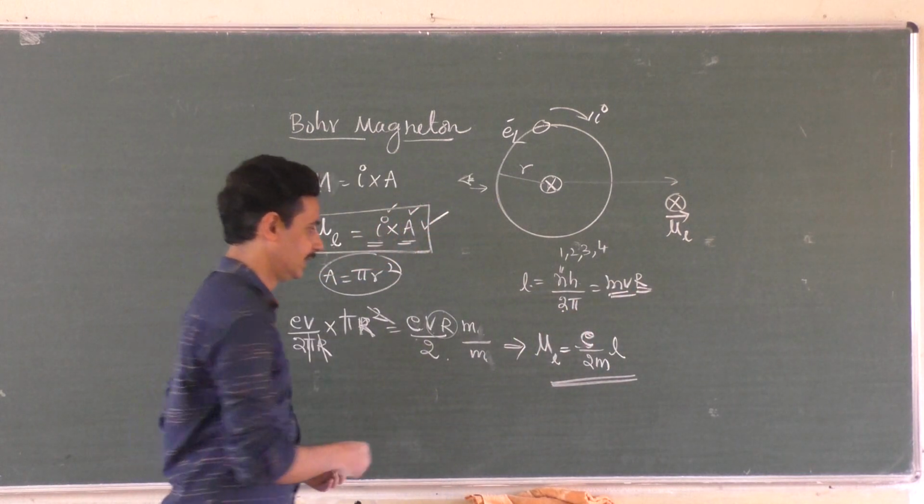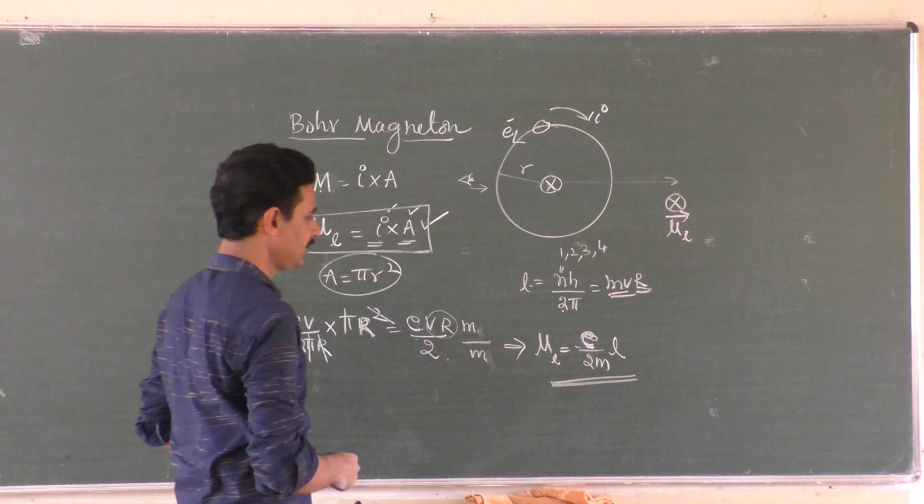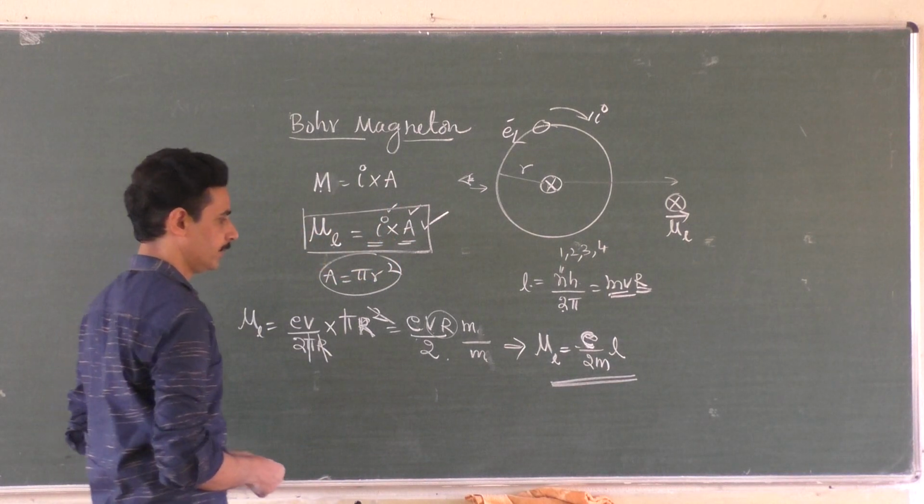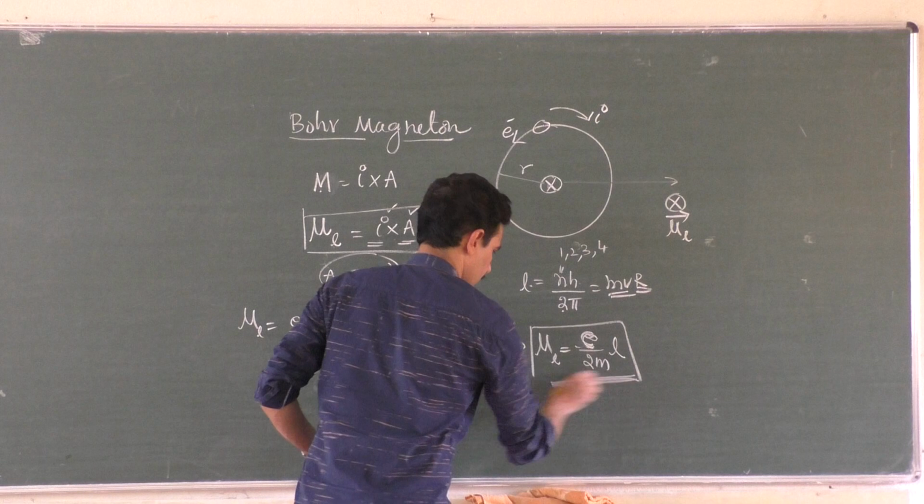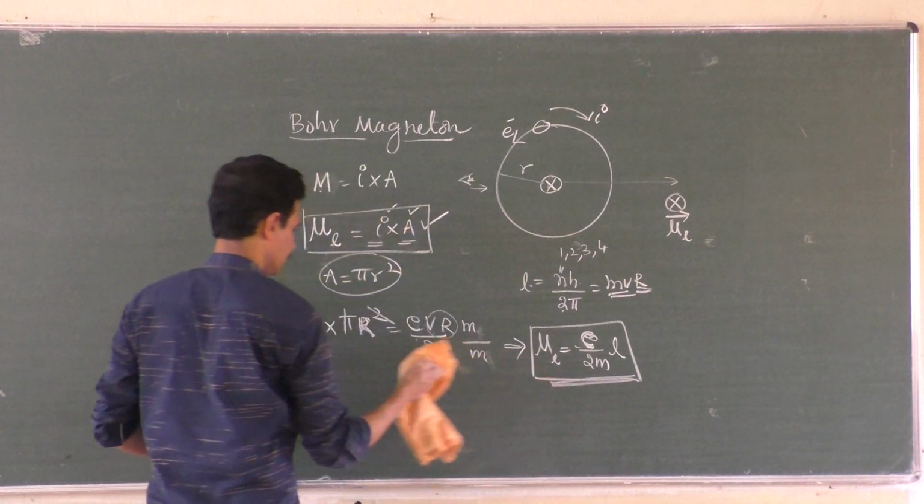Hope you have followed this. So L into E by 2m, this is the magnetic moment. Not over, still we have something to do with this one.